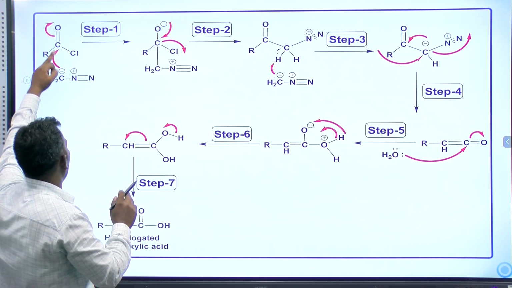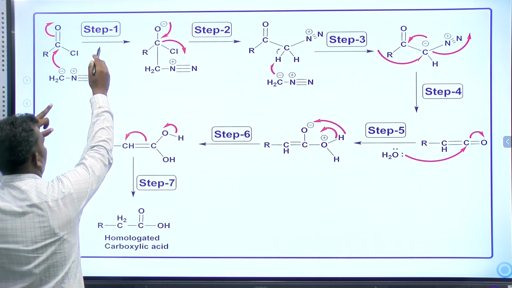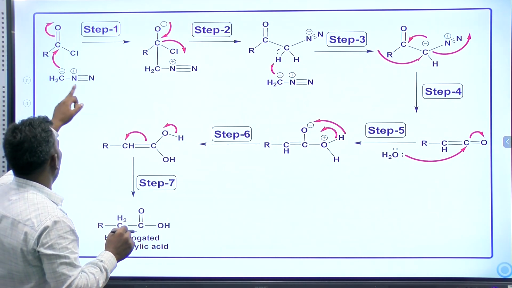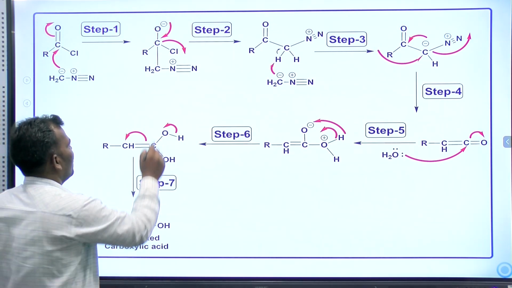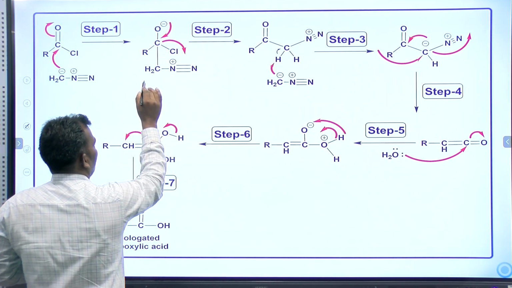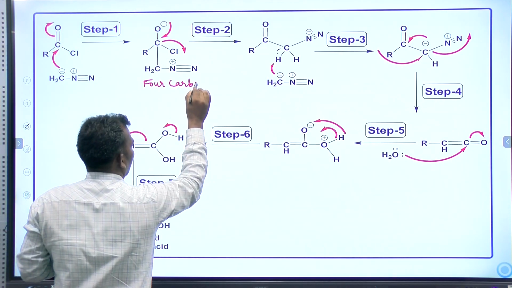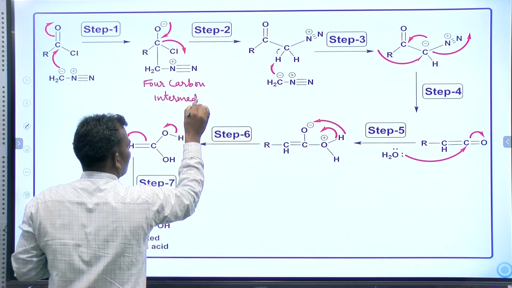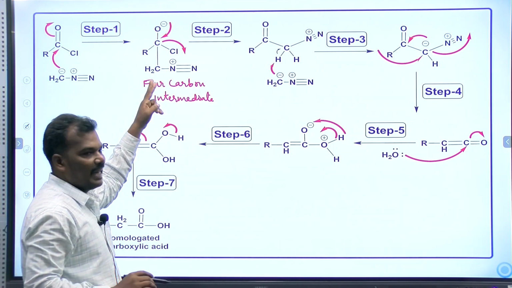This acetyl chloride reacts with diazomethane, which is step 1, a nucleophilic attack by diazomethane on the carbonyl carbon of acetyl chloride, which leads to the formation of a 4-carbon intermediate.